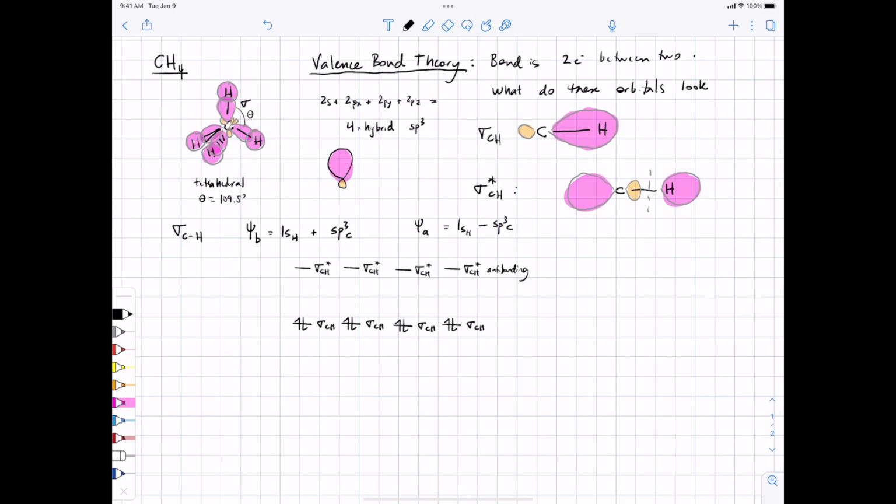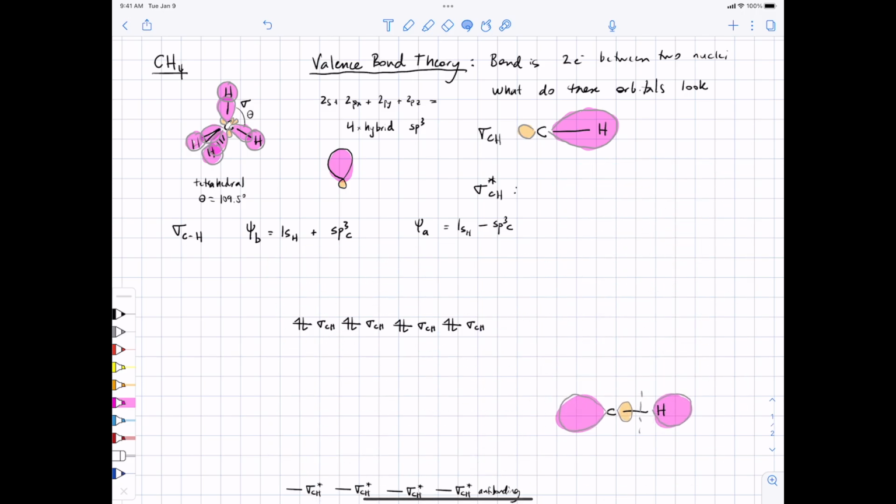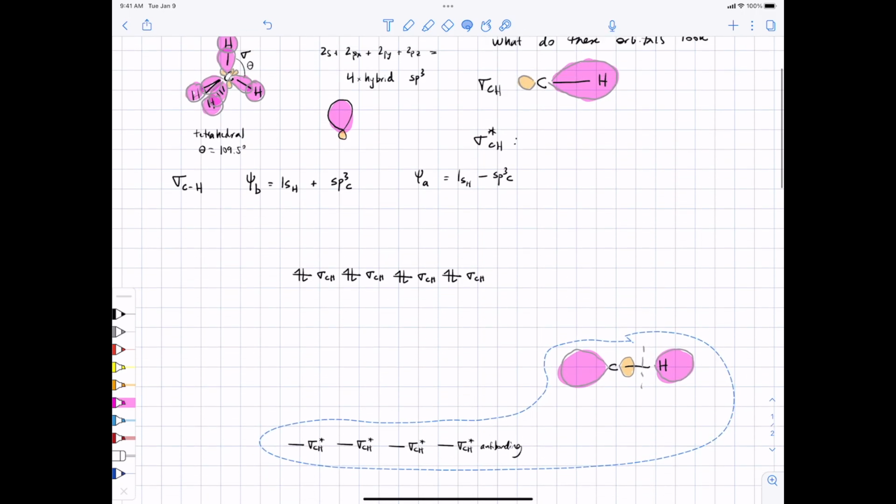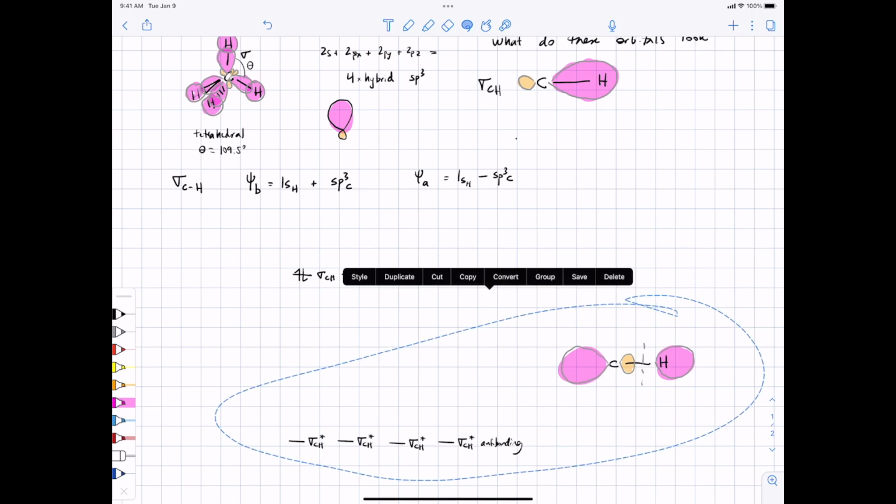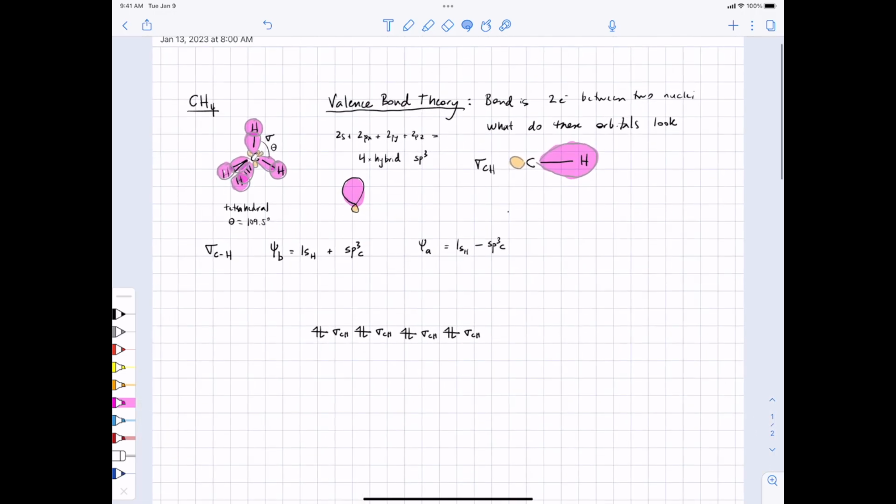And this agrees very nicely with what you've been taught about drawing Lewis structures. We talked a little bit about antibonding orbitals, but we're going to leave that for a little bit later. Just understand that people that focus on valence bond theory mostly talk about bonding orbitals, and antibonding orbitals aren't that important. Okay?